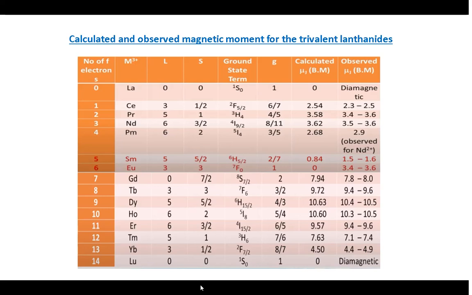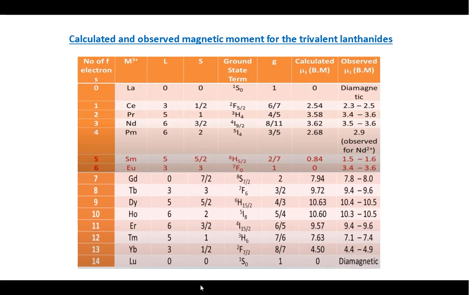As we know, the energy separation between the ground state and the first excited state is 5λ for Pm3+, 7/2 λ for Sm3+, 1λ for Eu3+, and 6λ for Tb3+. Lambda is the spin-orbit coupling constant, which is about 1000 cm⁻¹ for all the lanthanides except Sm3+ and Eu3+.